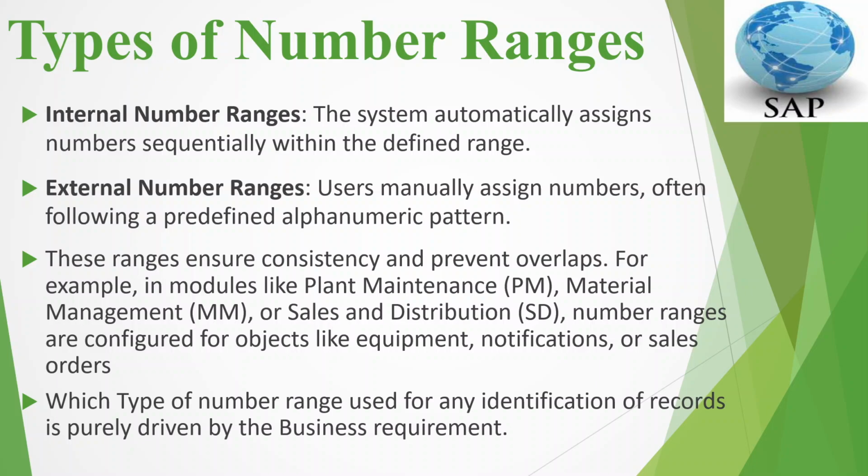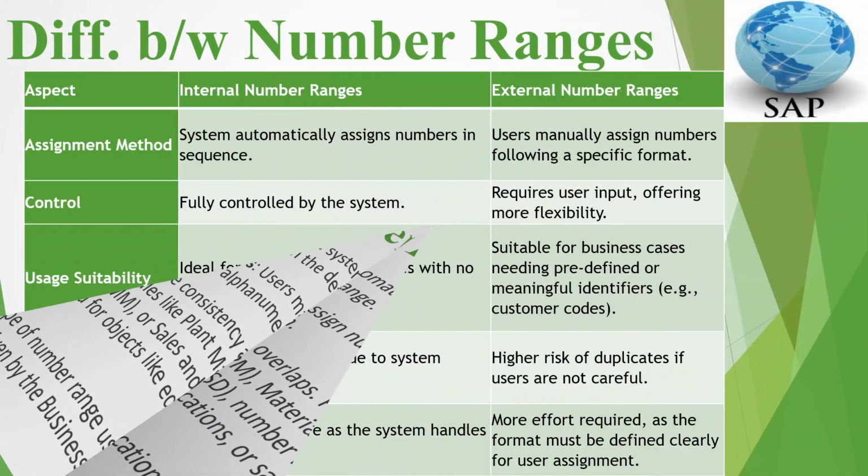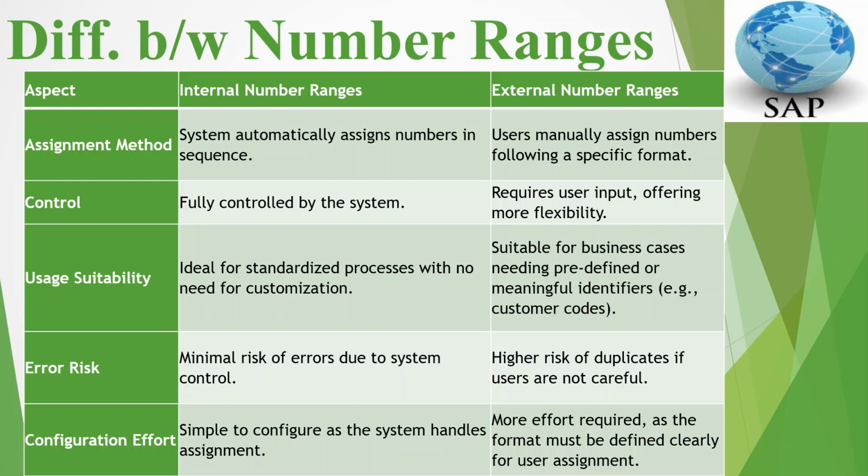Moving next. So have a look, if somebody asks you what all the important differences are between internal and external number ranges, this is the detail about the differences. In terms of assignment model, internal number ranges are assigned by the system automatically in sequence, whereas for external number ranges, users manually assign numbers following a specific format.